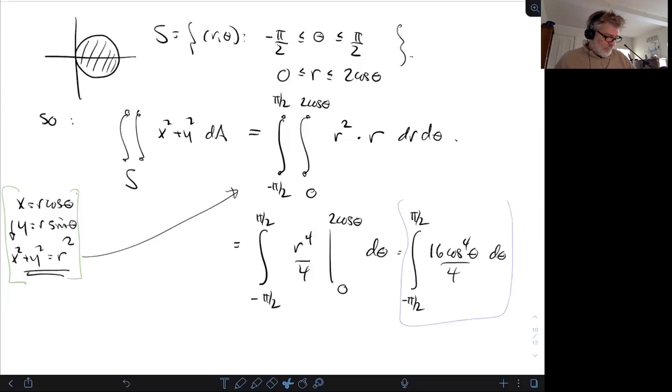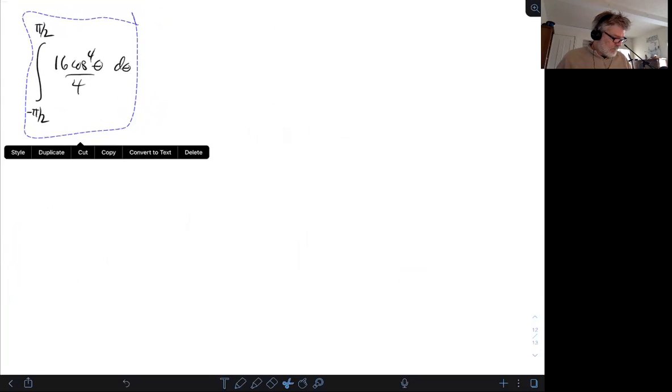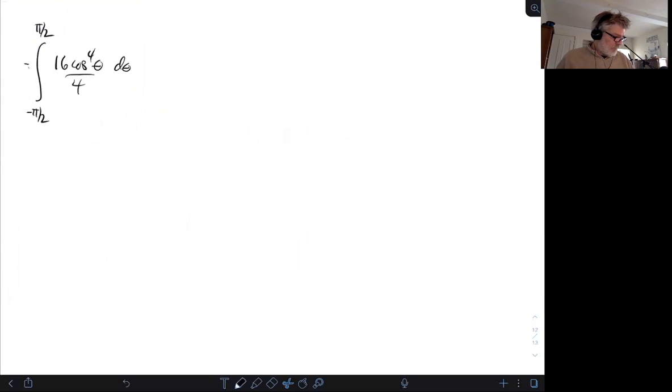Okay, we're almost there. So this is what I need to compute. So this is the integral from minus pi over 2 to pi over 2.